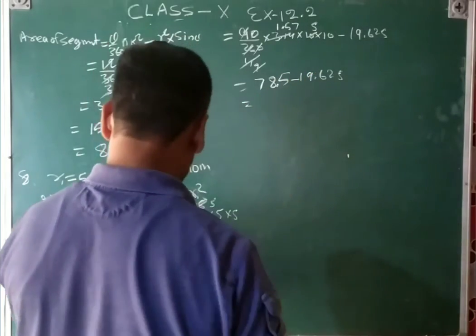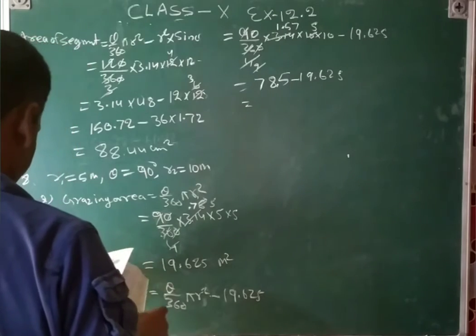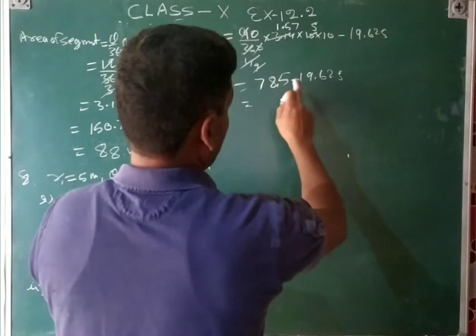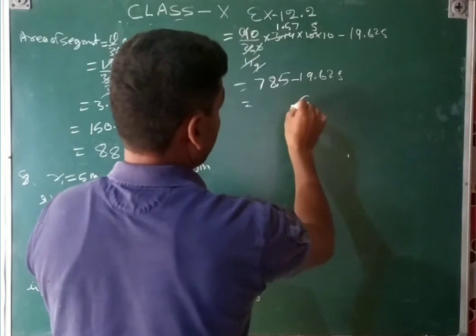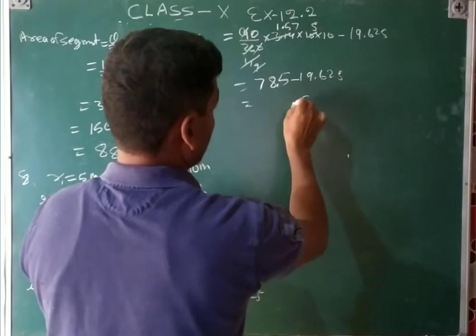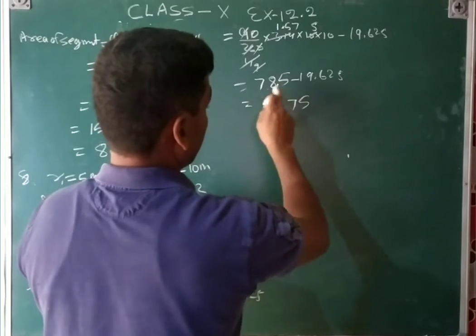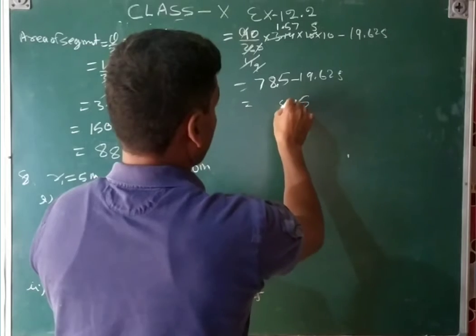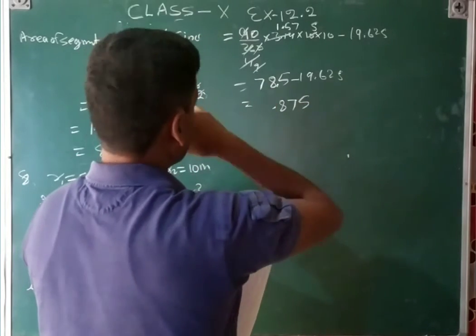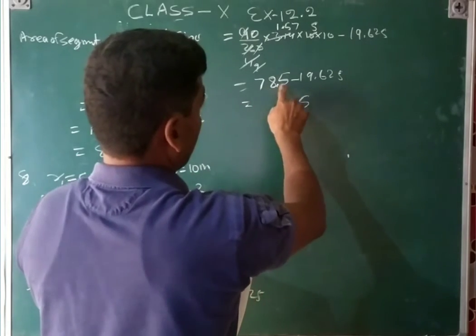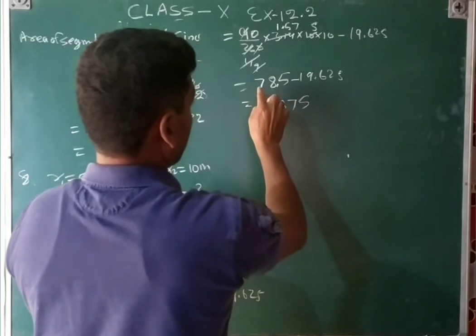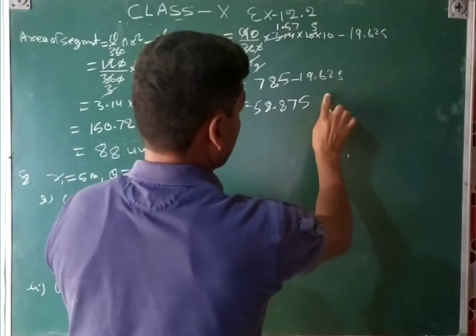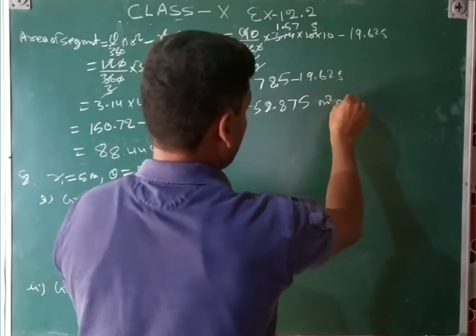By the subtraction of that thing, that will become 58.9, sorry, that is a meter square answer.